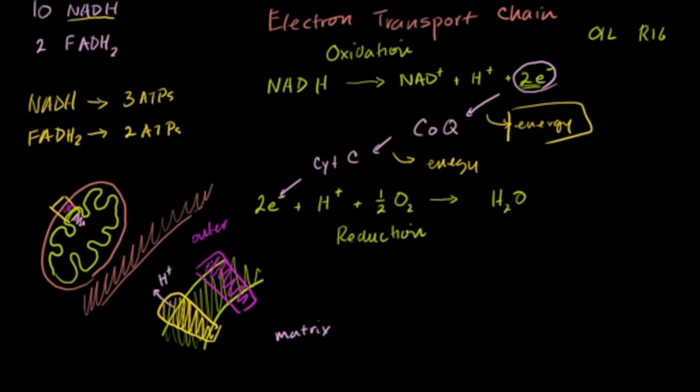It actually pumps hydrogen protons, and let me be very clear, hydrogen protons into the outer membrane. And every one of these reactions pumps out a certain number of hydrogen protons. So by the end of the electron transport chain, or if we just followed one set of electrons, by the time they've gone from their high energy state in NADH to their lower energy state in water, they've supplied the energy to these protein complexes that span our cristae to pump hydrogen from the matrix into the outer membrane.